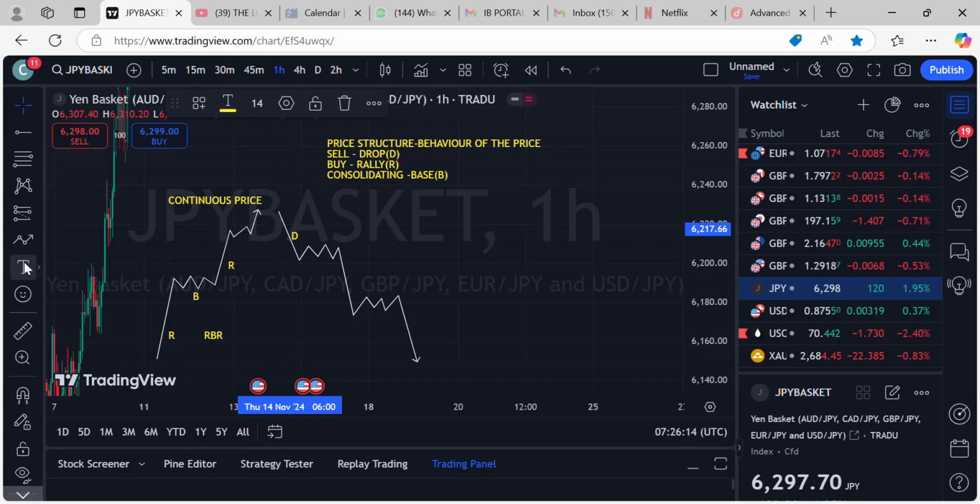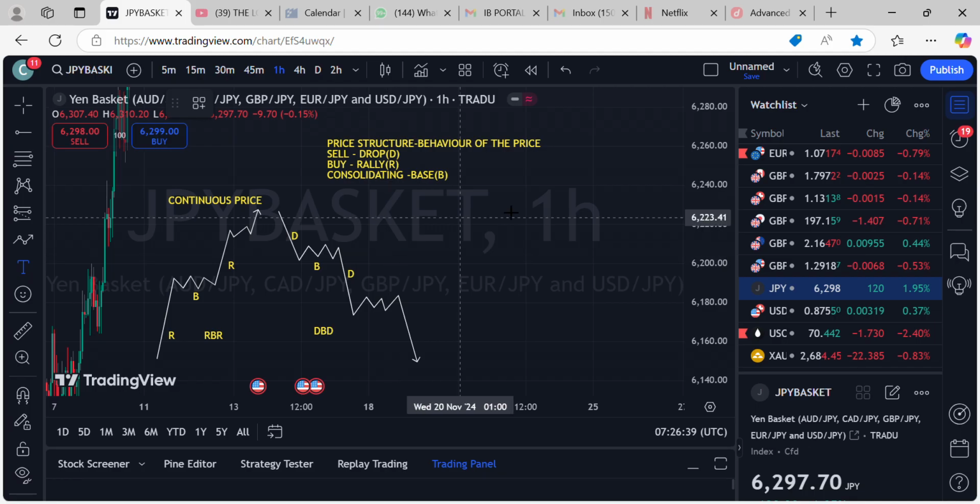Then when the price is moving to the downside, or when it's selling, here this will be a drop, base, and then a drop again at this particular point. So technically when you are labeling this price, it's drop, base, drop. Why? The price was dropping, it gave you a bit of consolidation, and then it dropped again. This is when the price is continuous.